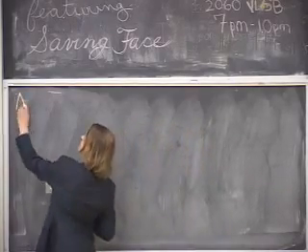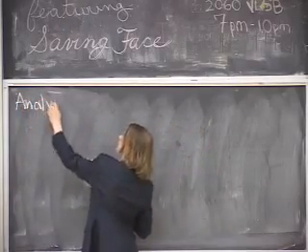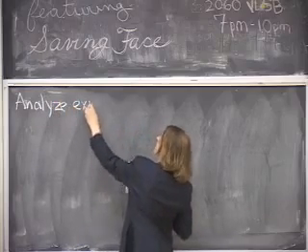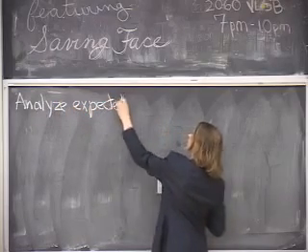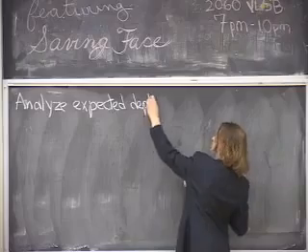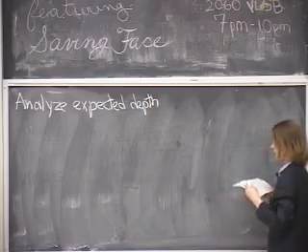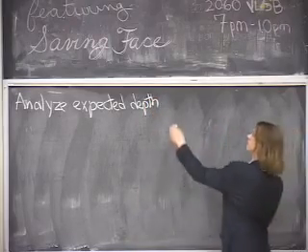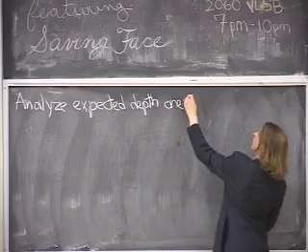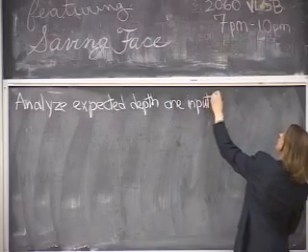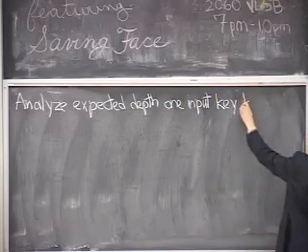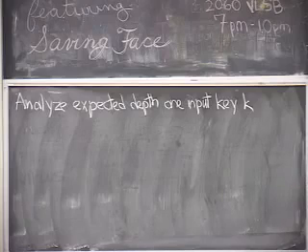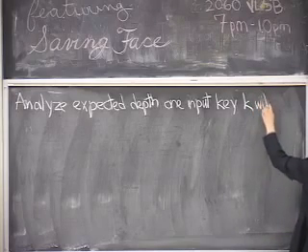All right, so our goal is to analyze the expected depth that one input key, let's call it k, will reach down the recursion tree.